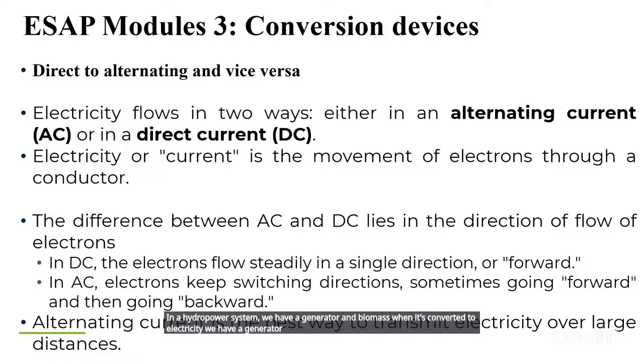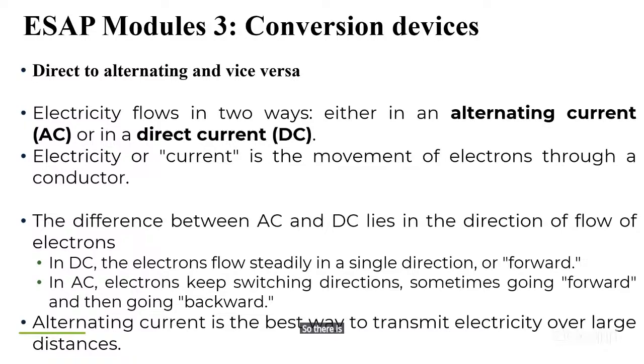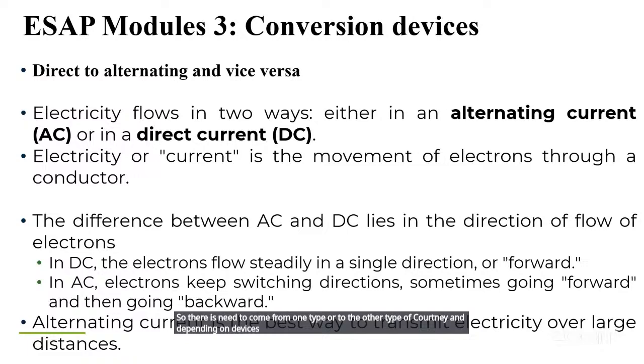And these generators can be either producing alternating current or direct current. So there is need to convert from one type to the other type of current, depending on the devices you are using.